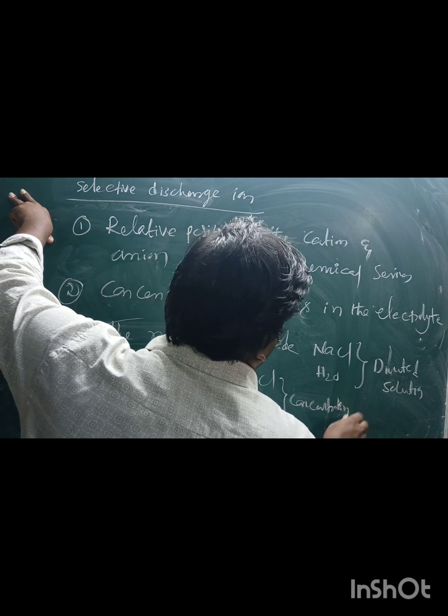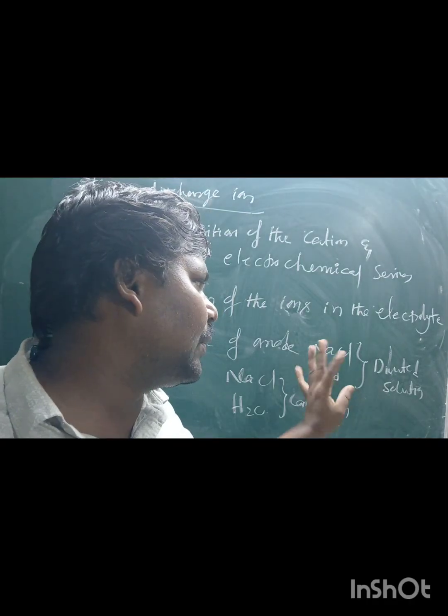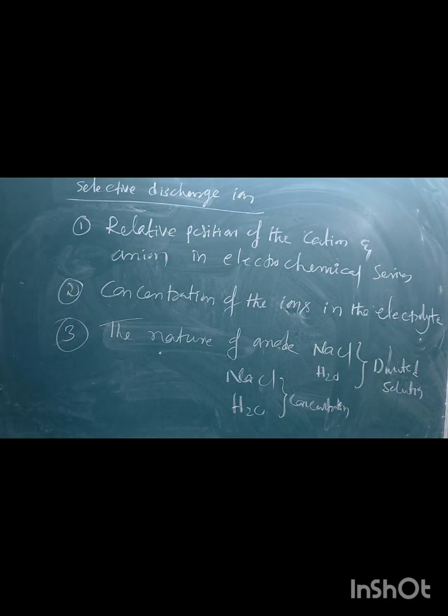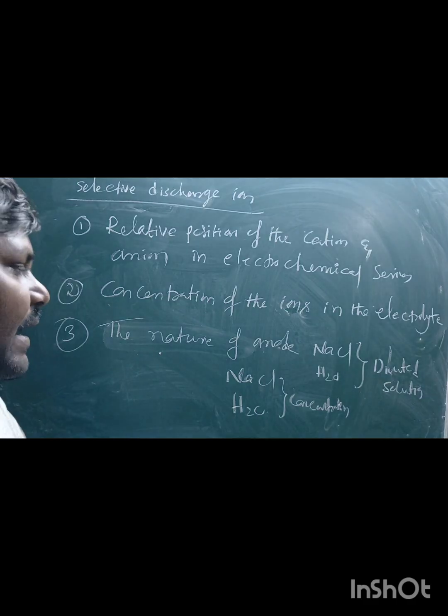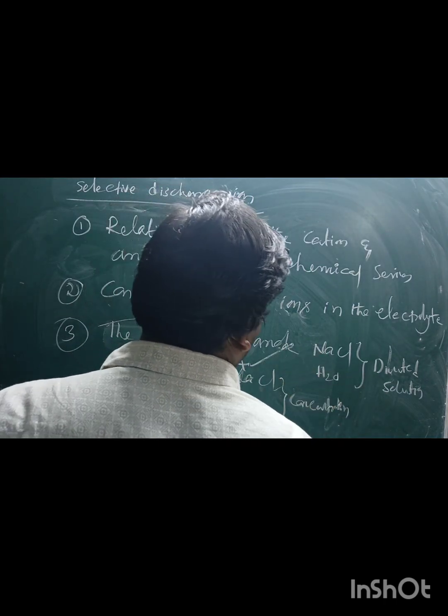In diluted solution, at the cathode hydrogen gas is liberated, at the anode chlorine gas is liberated. But in concentrated solution, the Na plus and Cl minus ions are highly concentrated, so a high percentage of ions are discharged. That's why Na plus at the cathode sodium is deposited, at the anode chlorine gas is liberated.